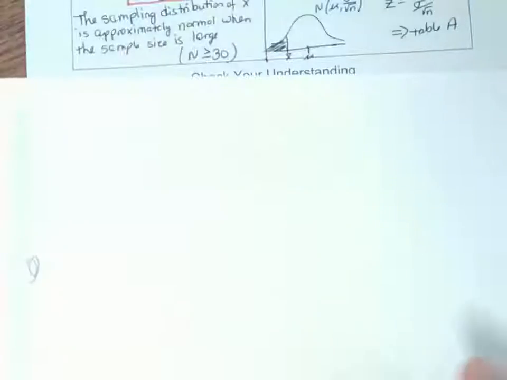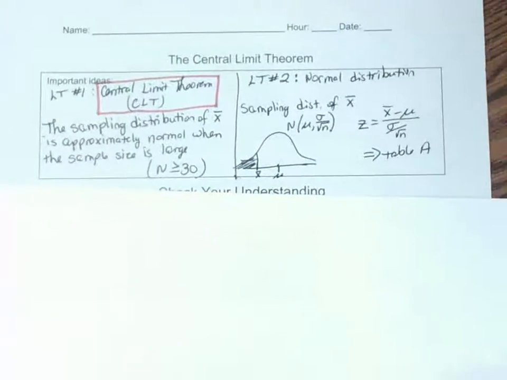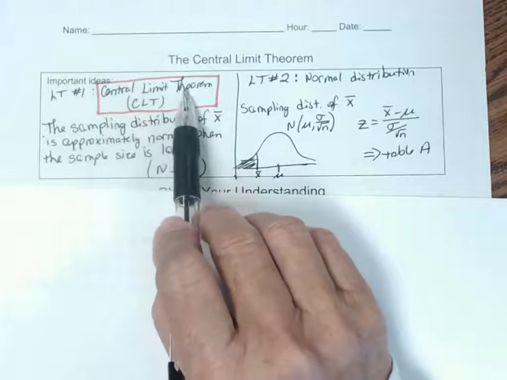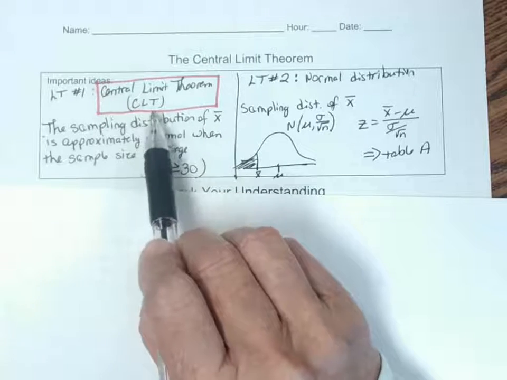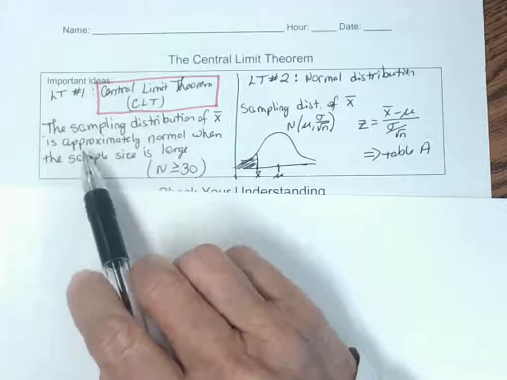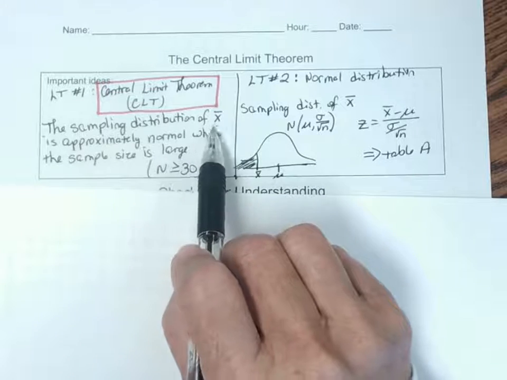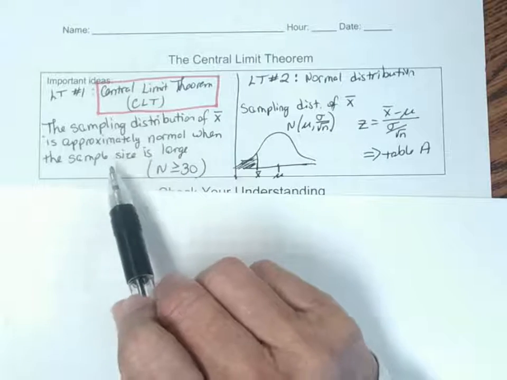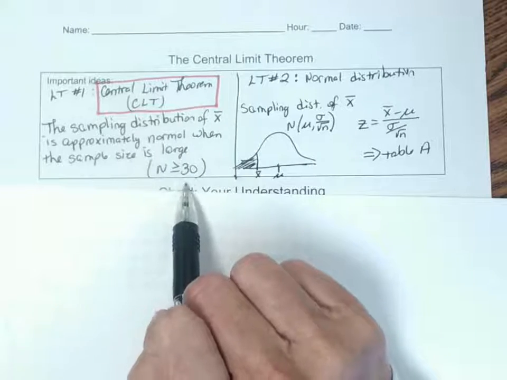And the key learnings here is our central limit theorem. CLT is how you'll see that abbreviated. And it simply states what I just said. The sampling distribution of X bar, so when we're talking about means, is approximately normal if the sample size is large enough.